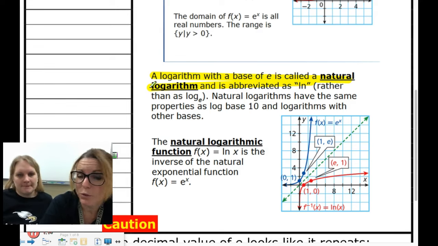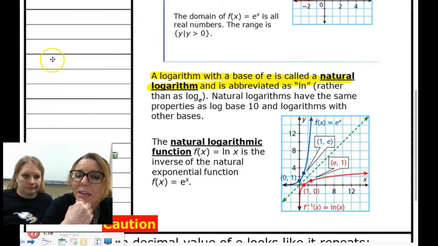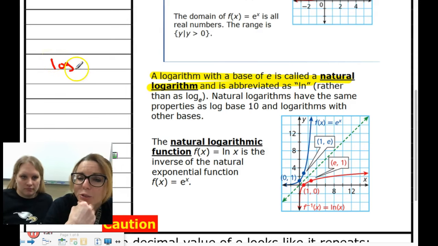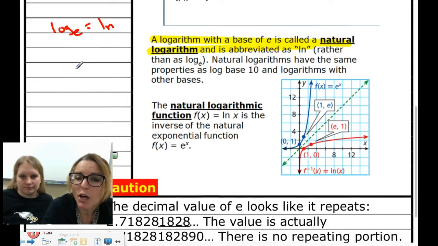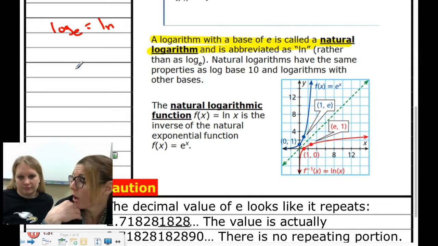Natural log is equal to log of e, so e is the base. But they don't write it like that. We write just natural log. Exactly. So the natural log is the inverse of the exponential function, just like the log was the inverse of the exponential function.